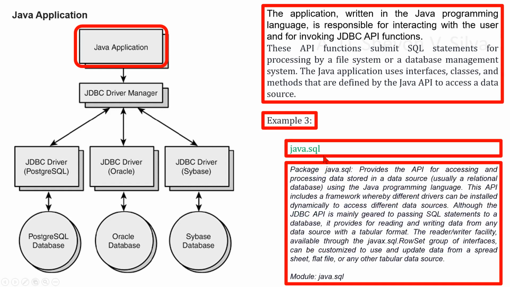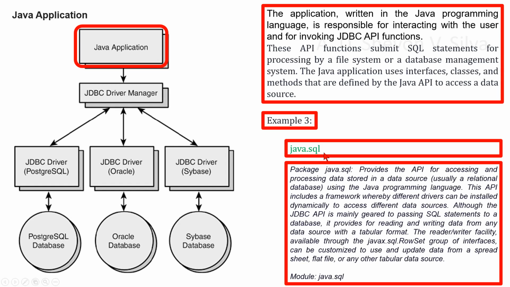As example 3, we can consider package java.sql, which provides the API for accessing and processing data stored in a data source, usually a relational database, using the Java programming language. This API includes a framework whereby different drivers can be installed dynamically to access different data sources.